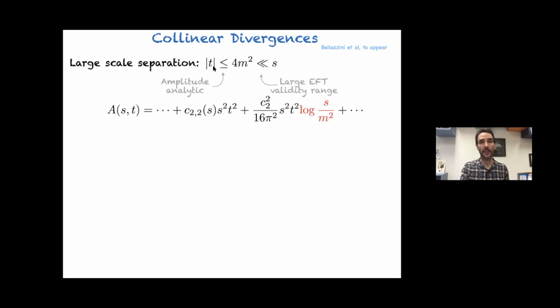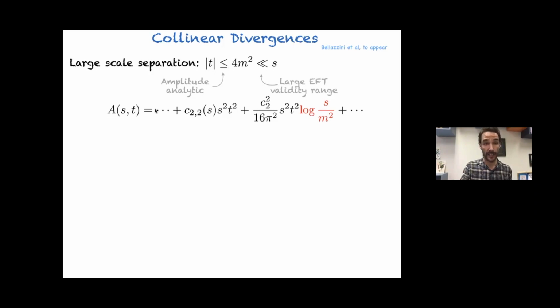Because of the requirement that the amplitude be analytic, we want t being smaller than the mass, so very small t. On the other hand, because we are interested in theories with a relatively wide range of validity, we want large s, much bigger than the mass. So we have a two-scale problem that eventually has some effect.